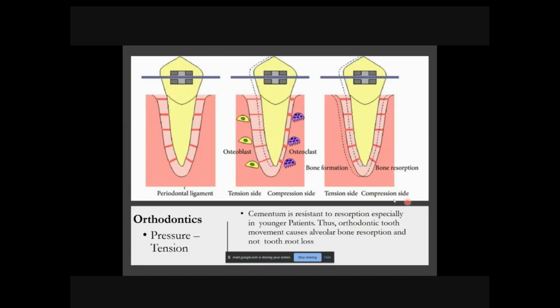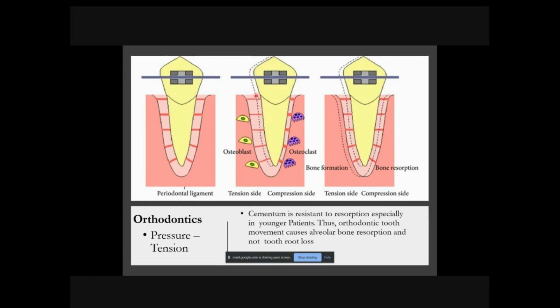The entire orthodontic treatment is based on the principle of pressure and tension. Whichever side you want to move the tooth, here the clinician is trying to move the tooth to this side. That's why there is a compressed periodontal ligament, as you can see, and here the periodontal ligament is widened, correct?